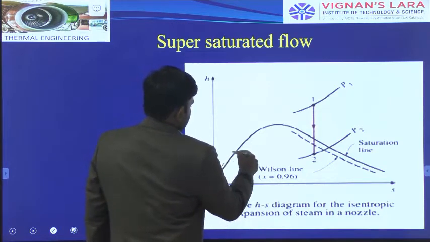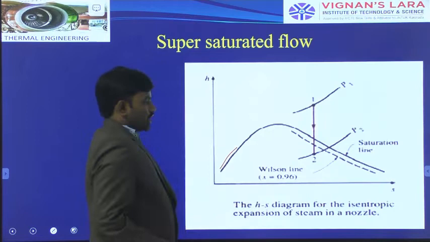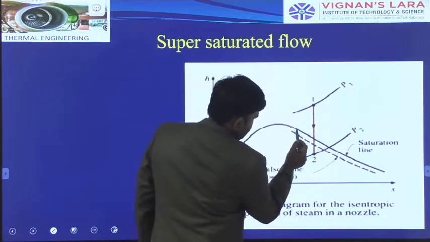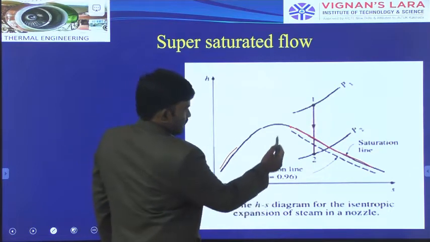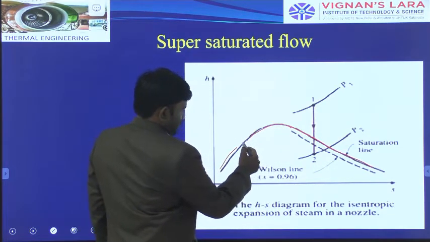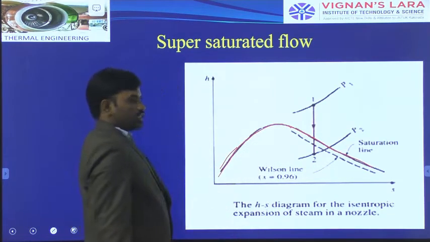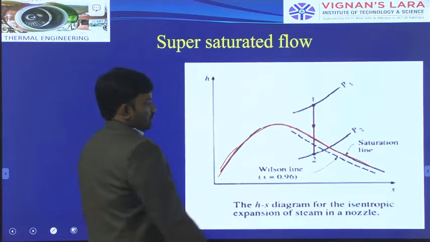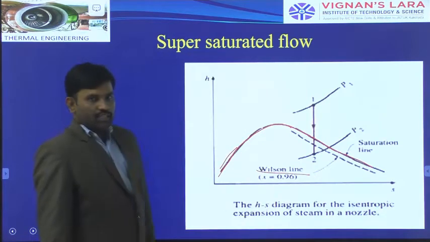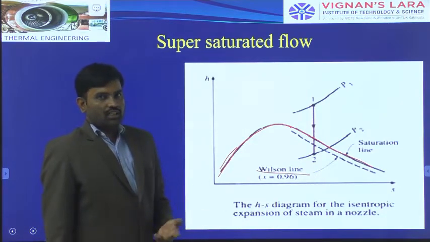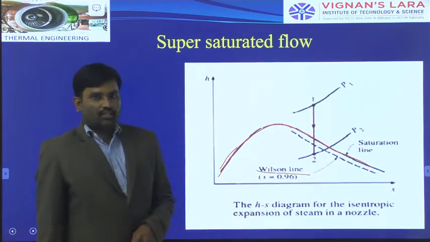This is the saturation curve. Generally the saturation of steam during the flow inside the nozzle body will happen like this. This is the theoretical one, and this dotted line, or Wilson line, will indicate where the actual saturation commences during the flow of steam inside the nozzle body.